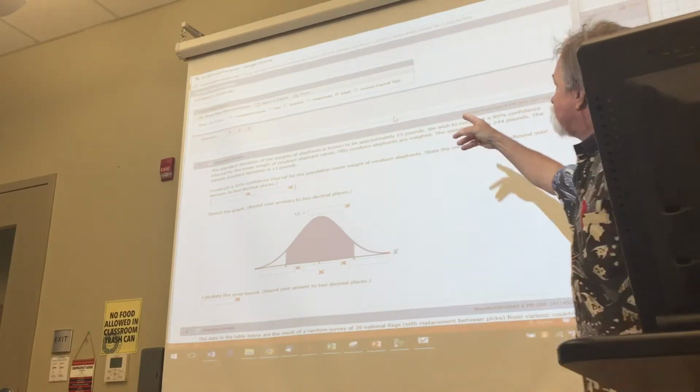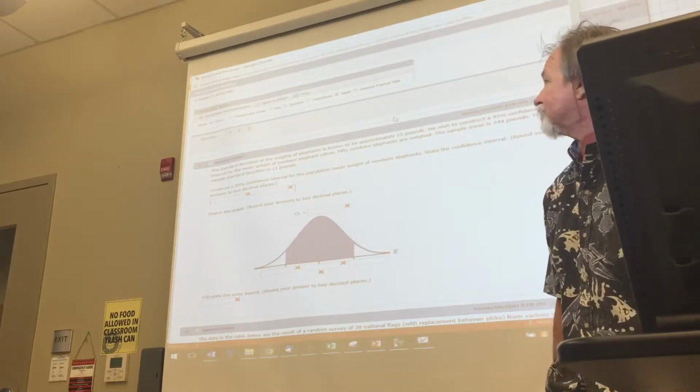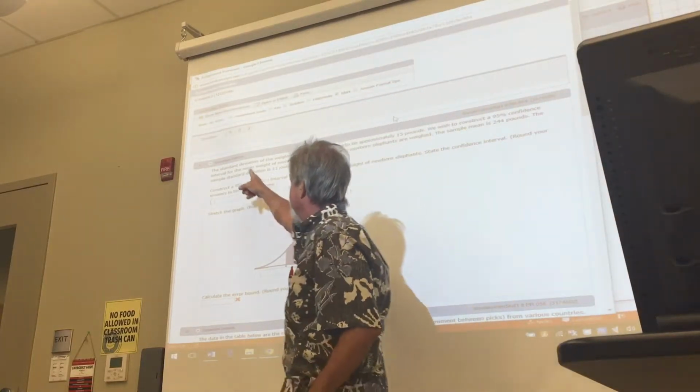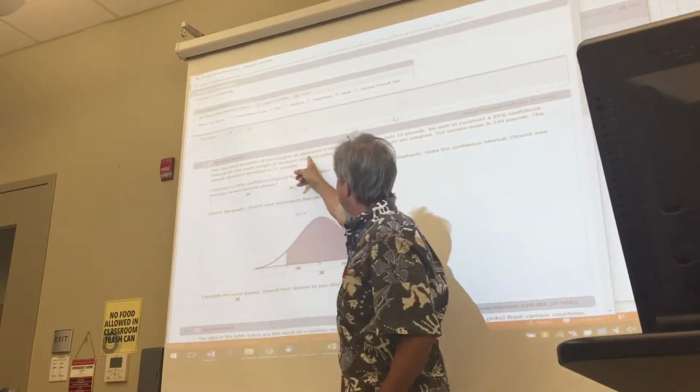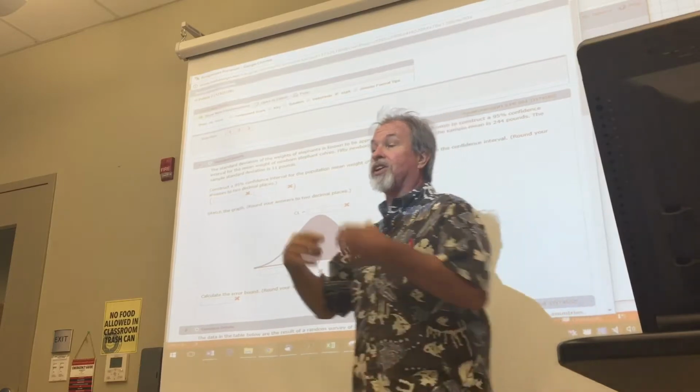So if I read this question, it says the standard deviation of the weights of elephants is known to be approximately 15 pounds. What's that telling me? The standard deviation of the weight of elephants is known, it's 15 pounds.